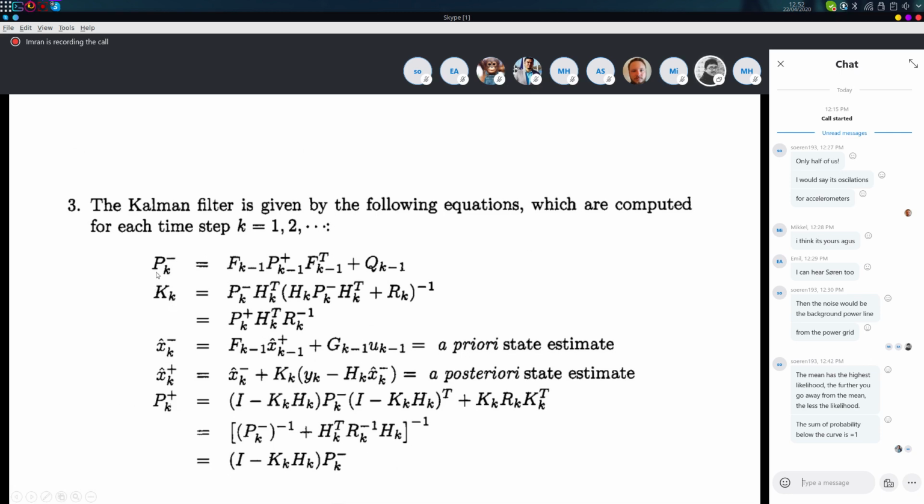What this Kalman gain does is that we are trying to minimize here. We have terms like priori and posteriori. Priori is when you estimate your state without having knowledge of your data, so this is only from the model. So x_k minus is only relying on your model. This is for prediction, and this is called the a priori state.